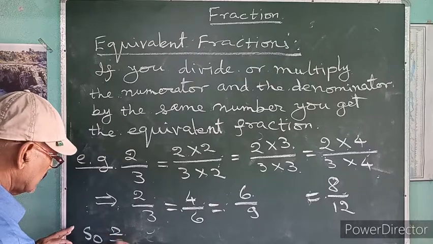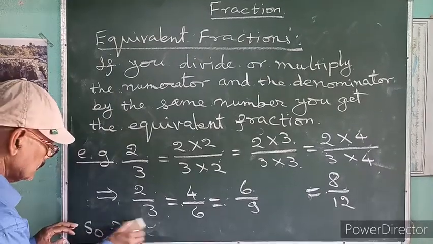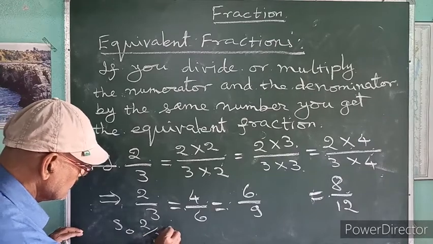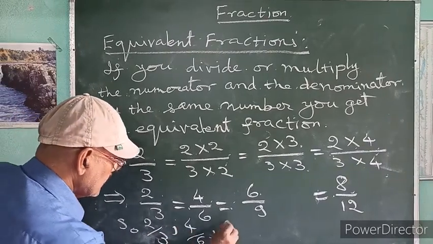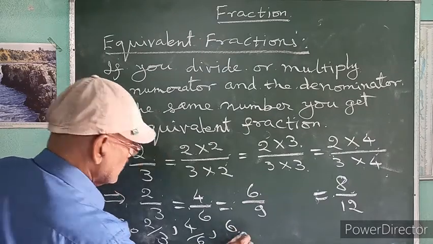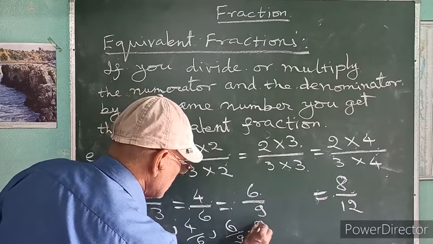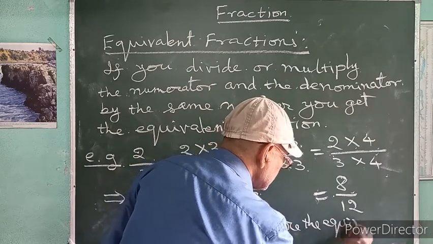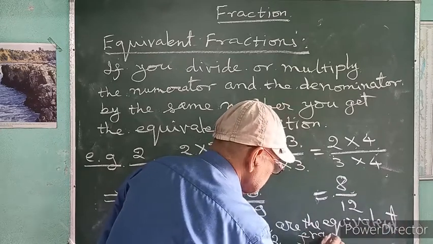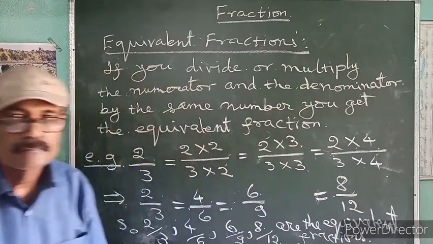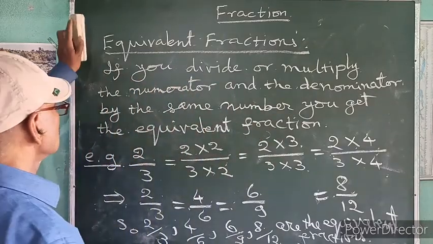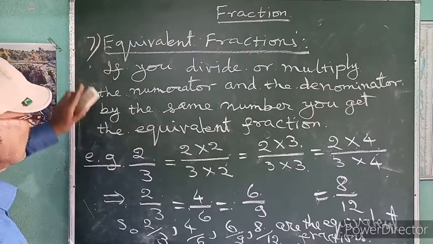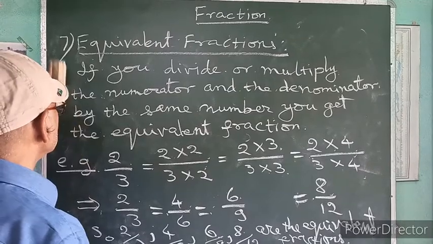So 2 by 3, 4 by 6, 6 by 9, 8 by 12 are the equivalent fractions. This is equivalent fraction.